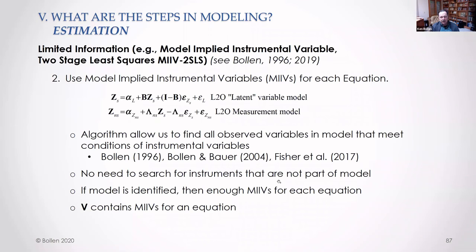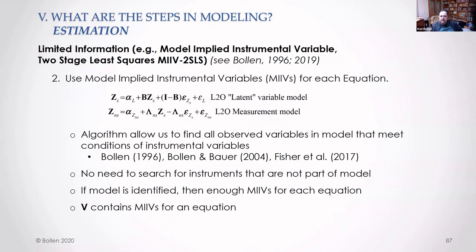These instrumental variables, in typical treatment of them. If you read about instrumental variables in econometrics or in other social sciences, often the way they're presented is that these are variables that you get from outside your system of equations. So you look for variables that can serve as instruments.